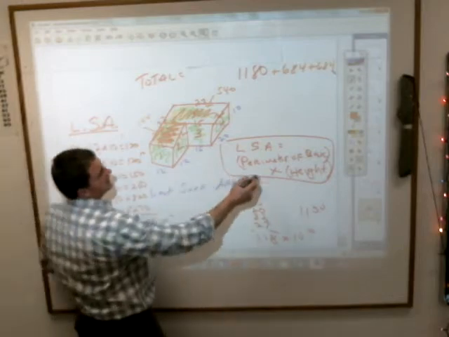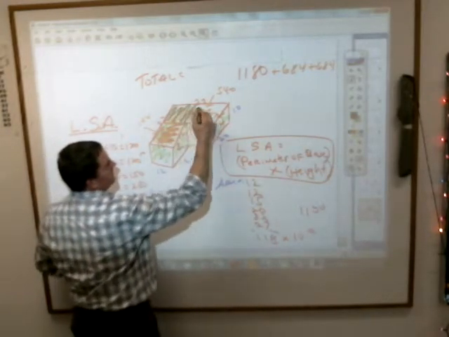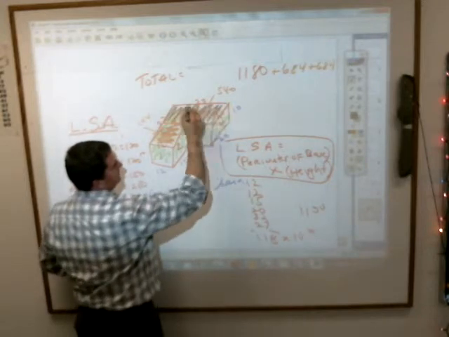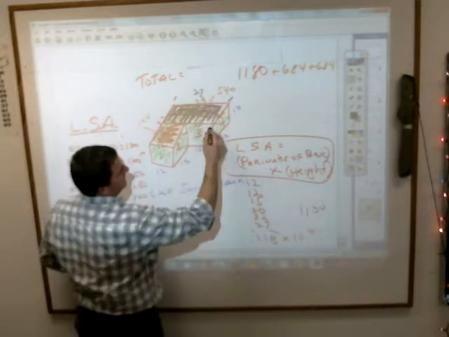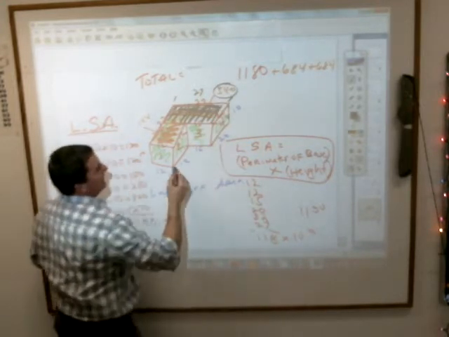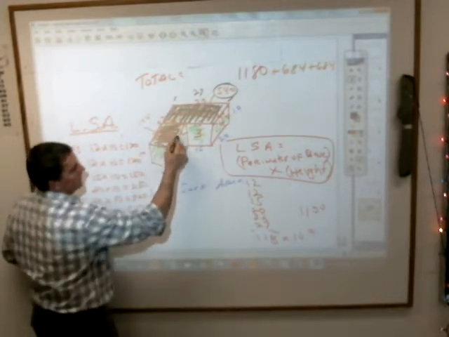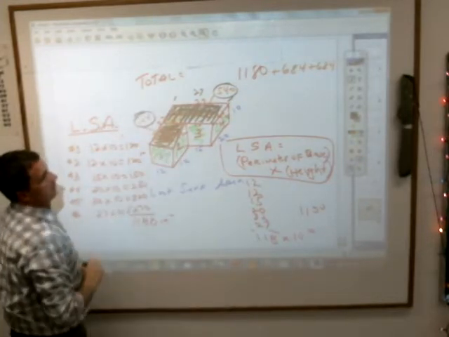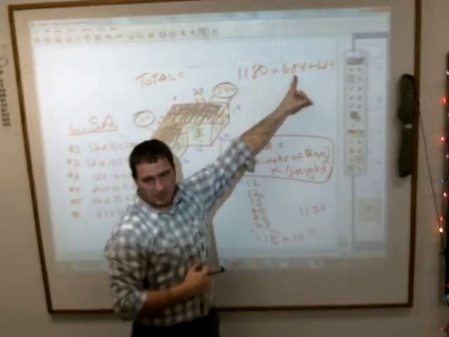Well, the area, let me do it in black. The area of this rectangle right here, which was 27 times 20, 540, I had to add to the area of this actual square, which is 12 times 12, 144. The area of the whole top is those two combined, which was 684.